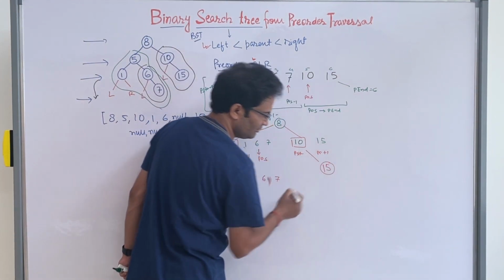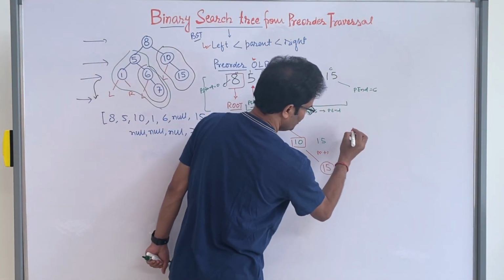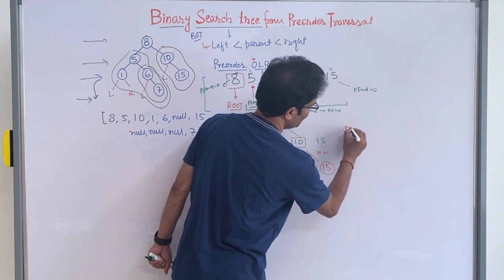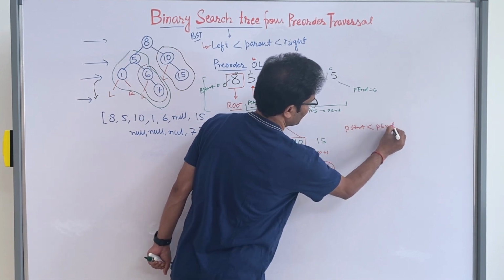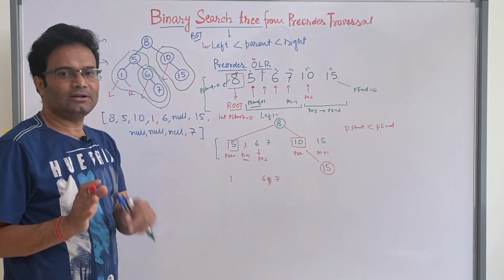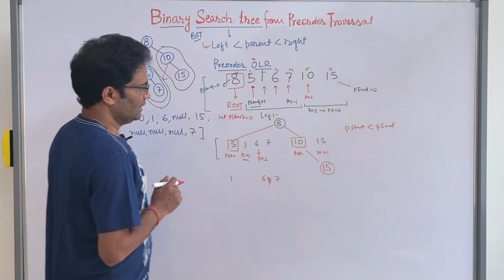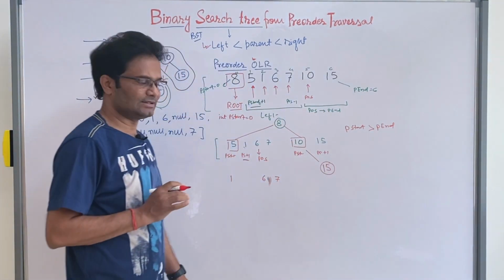So put it here. And if you see here, you have to run a loop while P start is less than P end. It will indicate that you have only one element. And the moment this is greater, that means you have already finished the elements.